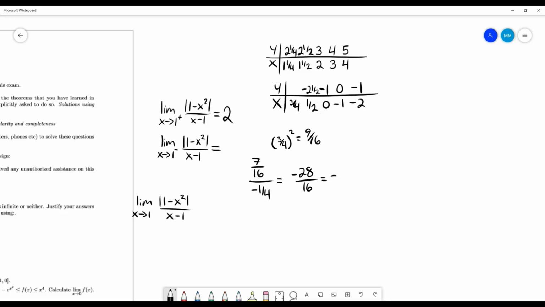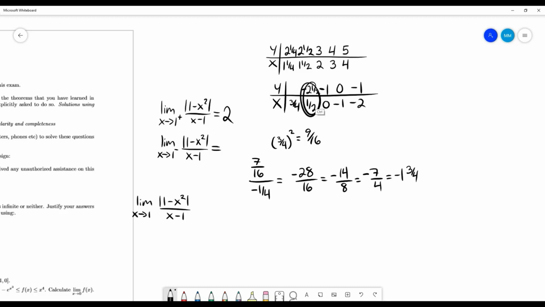And I'll just reduce that the long way rather than trying to do that in my head. Interesting. I still feel like I made a mistake, but that's going to be -1 and 3/4.